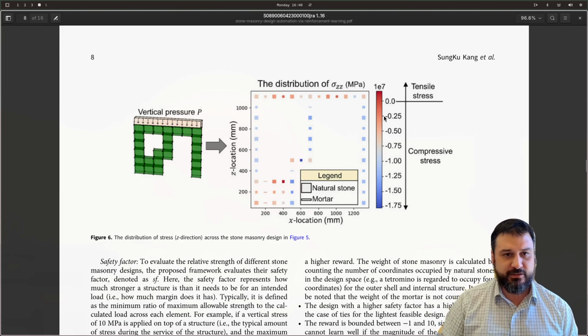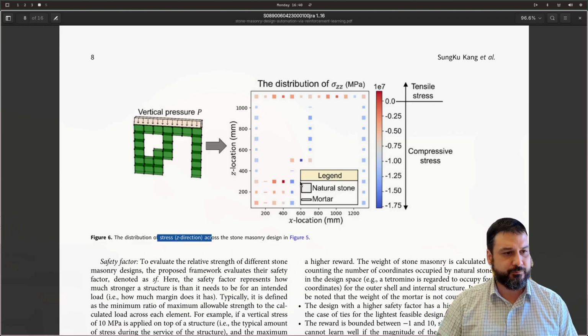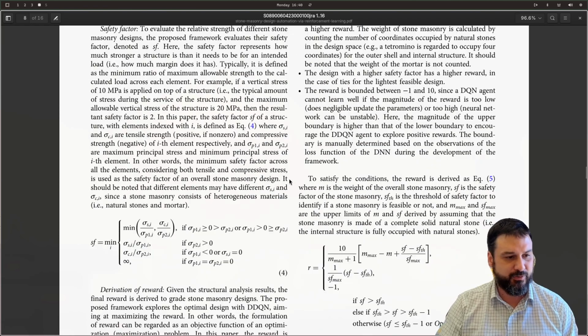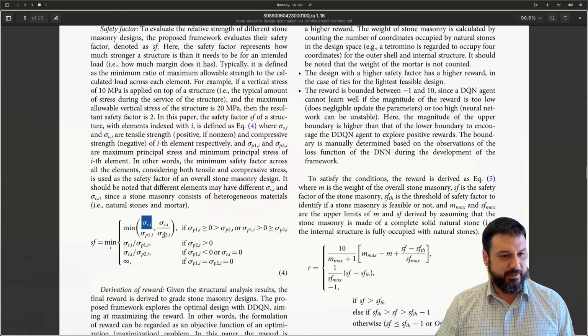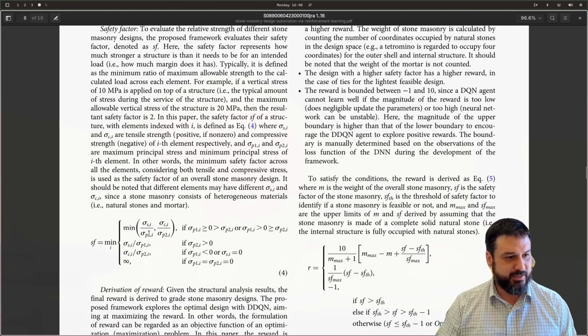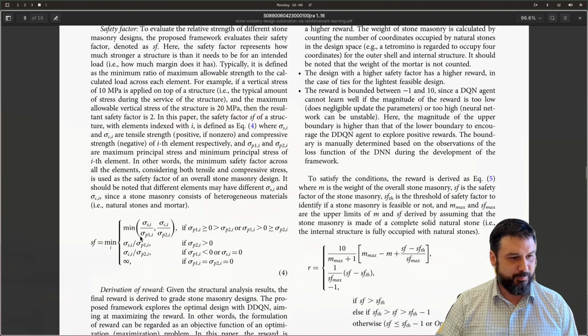This is showing, I believe, the vertical stress at different points, but I assume that they actually compute the factor. Actually, they do compute the factor using the principal stresses at each element. So basically, P1 would be the first principal stress at a brick, and this one would be the secondary principal stress.